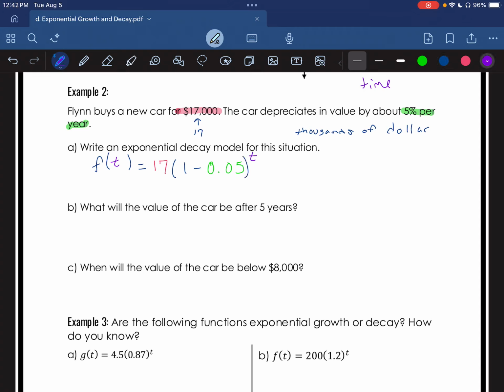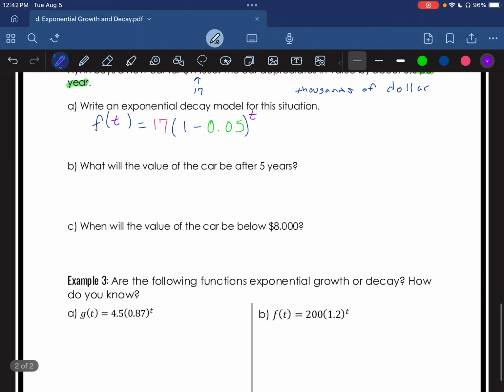So I'm going to have f of 5 is going to be equal to 17, and then this will be 0.95, right after I subtract, to the 5th power, and then you'll go ahead and plug that into your calculator of choice.